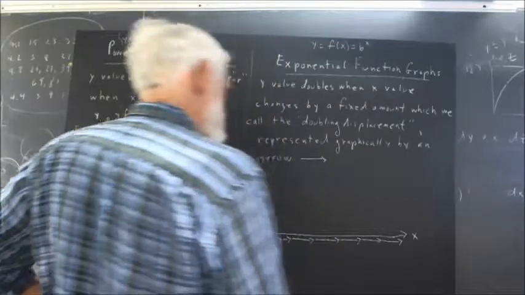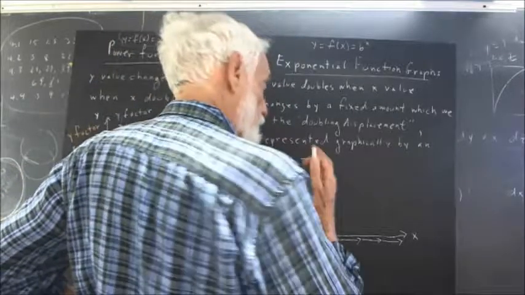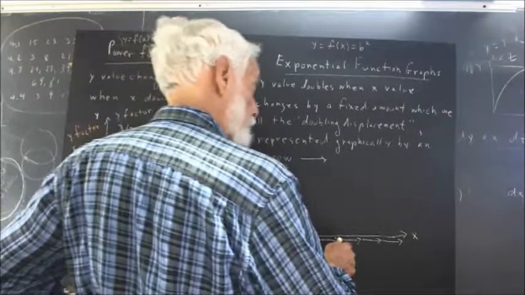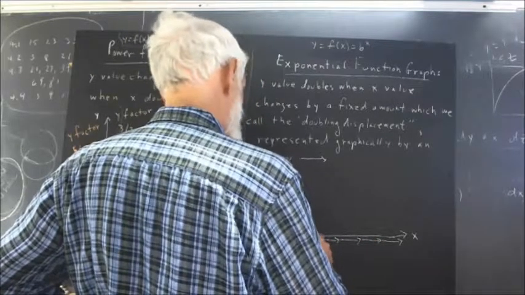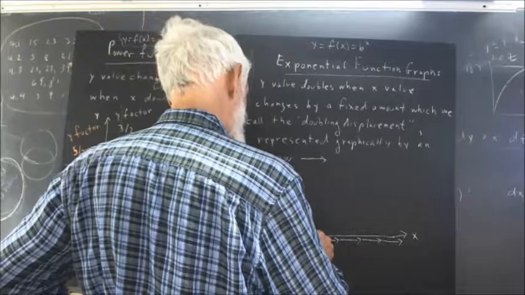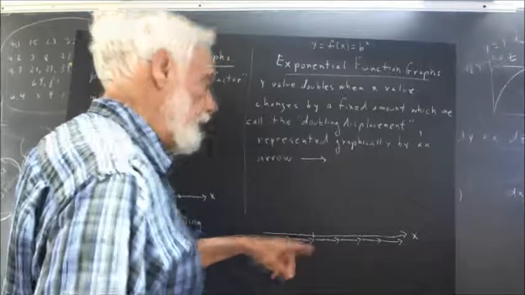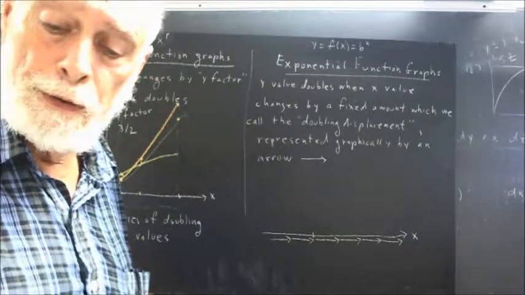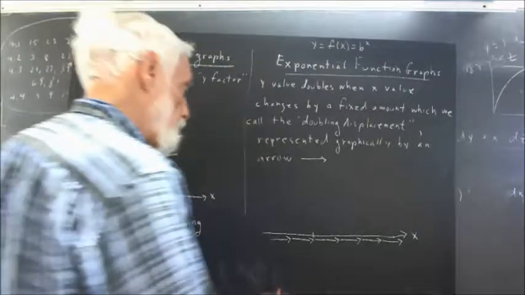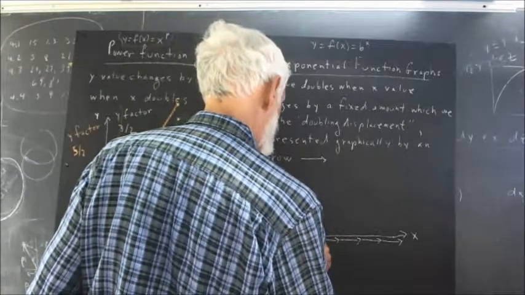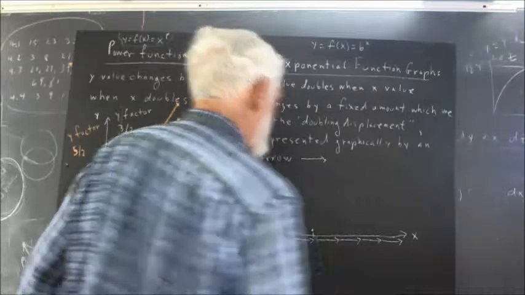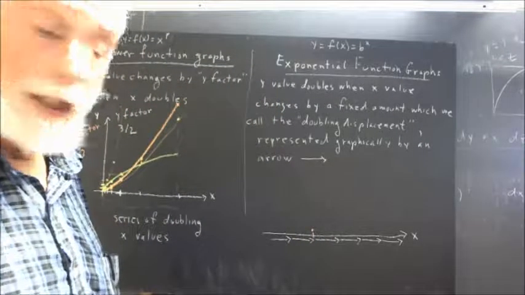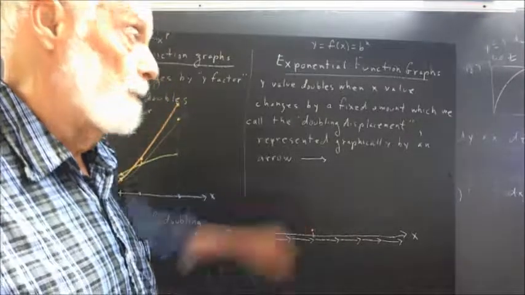So, I'm then going to pick an x value that corresponds to the end of one of these arrows, the beginning of the next, and I'll pick an x value here. Okay, so here's my x value, and then I'm going to choose some point directly above that point on the x-axis, and that will be the y value of this point.